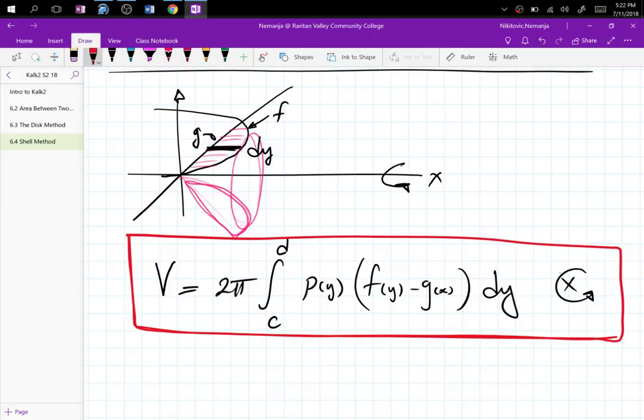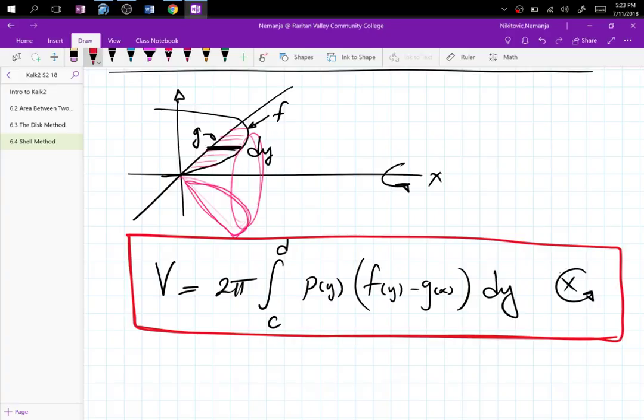So you always have the simple case where the x-axis is the bottom, and then you say, well, what if I actually have two functions and I don't have the flat bottom? So now you have a rotation, and then again a two-function rotation, and then you have a shell with p, and then you just have p of y times h of y dy for the basic case when the bottom is flat, but then you have 2 pi p of y, and then we just say f minus g dy, which is the most general case.